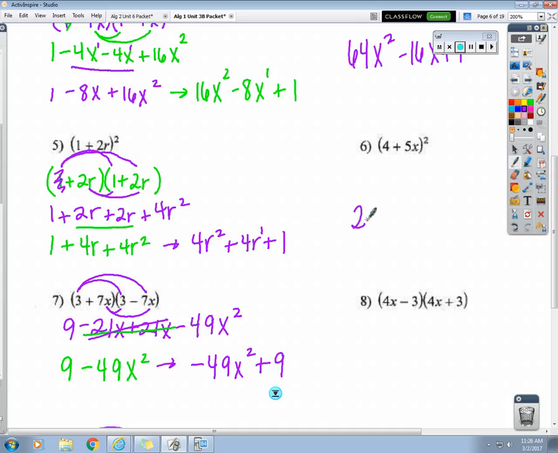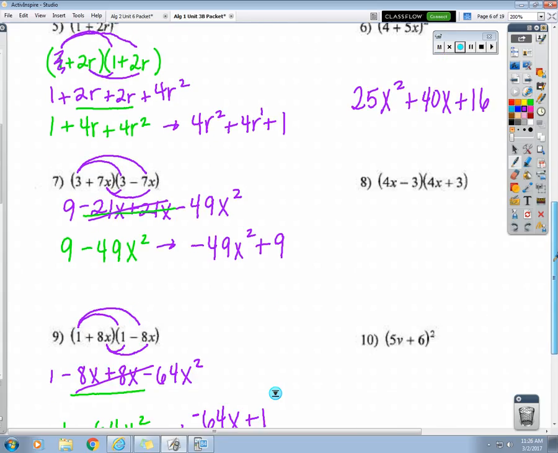You should have got 25x squared plus 40x plus 16. I mean, you probably had 16 plus 40x plus 25x squared to begin with, right? And then you had to rearrange it in standard form for the final answer.